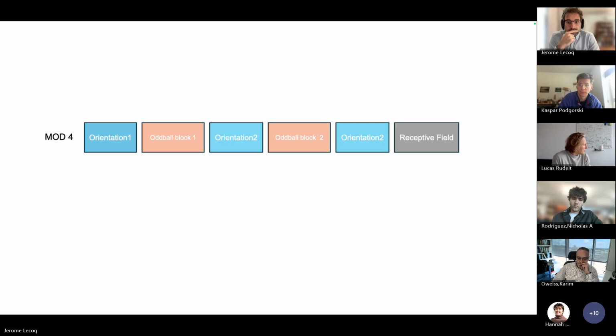So I was wondering, how about we leave out the second orientation block and merge the oddball blocks, but have the standard and deviant switch in, let's say, blocks of 3 minutes or so, essentially intermingled, so that we do not have a bias of plasticity affecting only one of the oddball blocks, because in the end we want to compare the conditions.